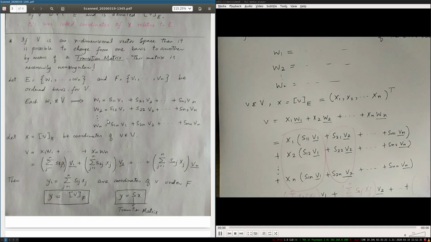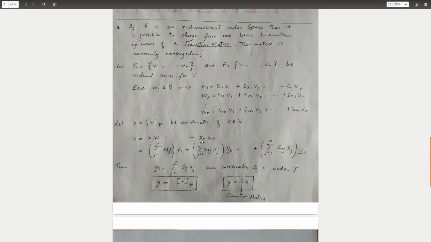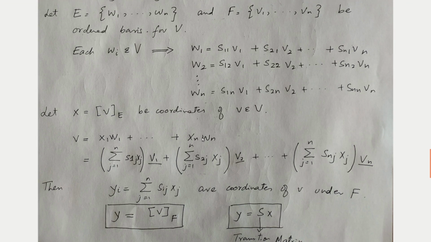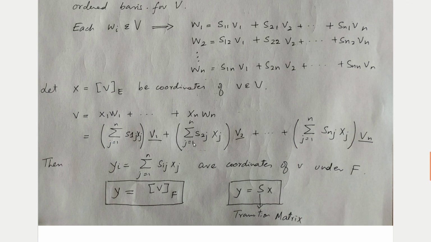And what does that give us? Let's go back. It gives us the following, that now each yi is this summation term, and if you expand it into a matrix vector product, you can write this down as a matrix, because this is just a summation going from 1 to n for each yi.